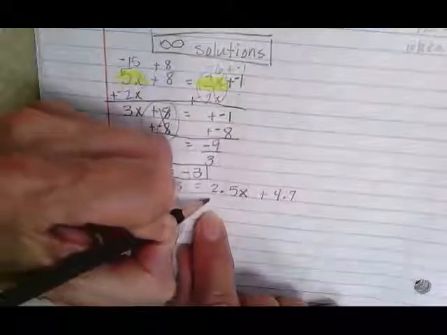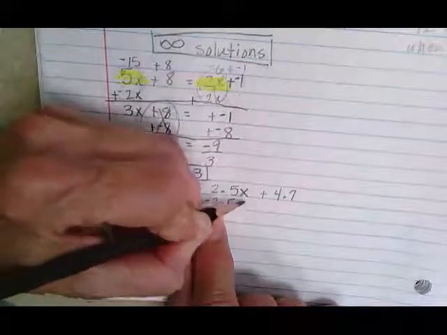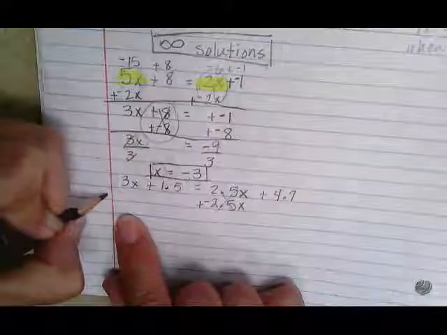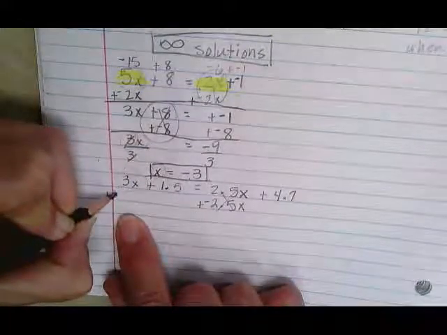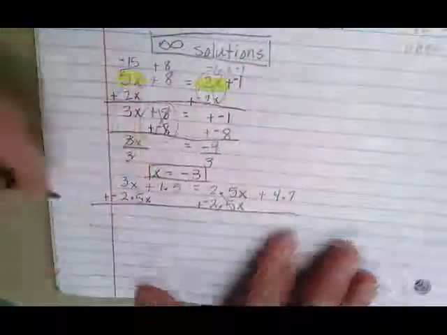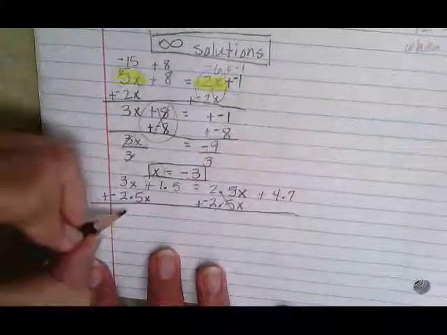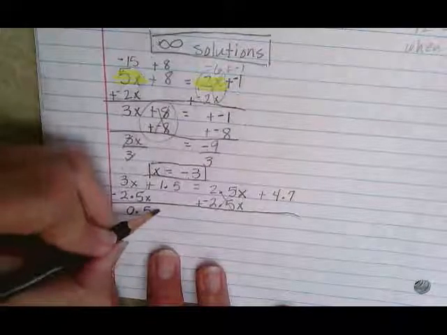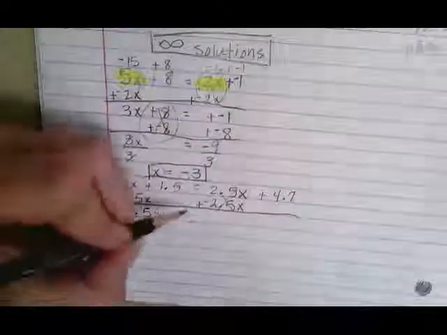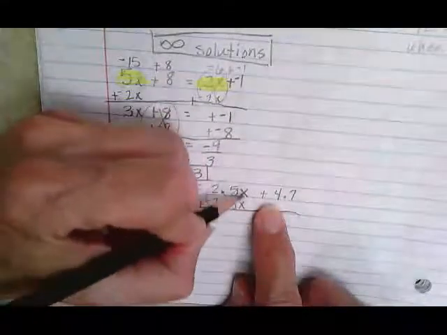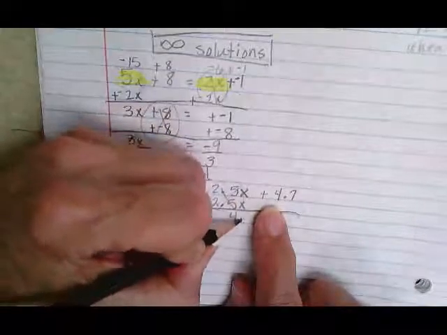So I'm going to add the opposite to both sides. So this becomes 0, and over here I'm going to add a negative 2 and 5/10 x to 3x so that I can get my x's all on the left-hand side. So this is going to give me 0 and 5/10 x. Now my number stays there. 1 and 5/10 is equal to, these are gone, 4 and 7/10.